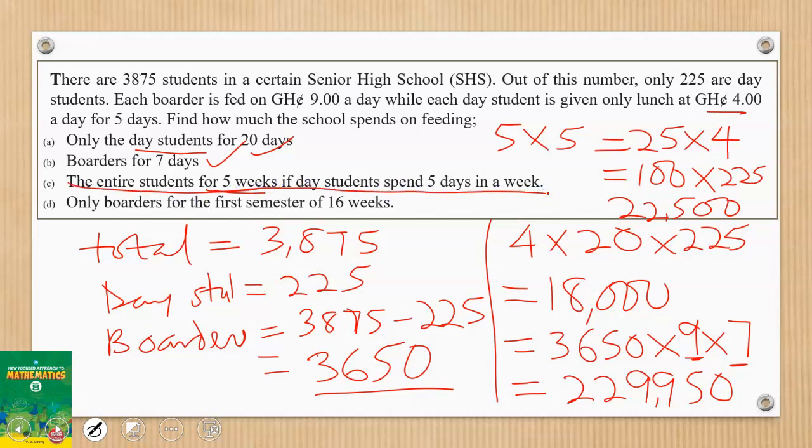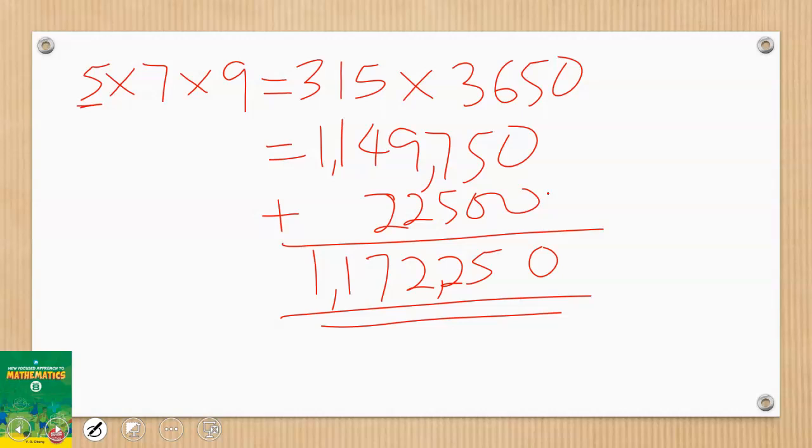Whoa, that's huge. So you see how the place value is helping us to do addition and subtraction, and also quoting figures like that.